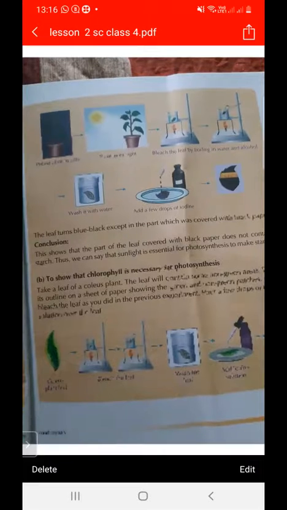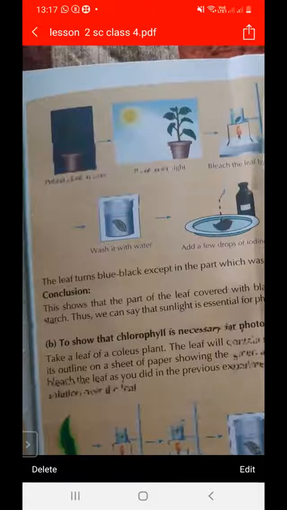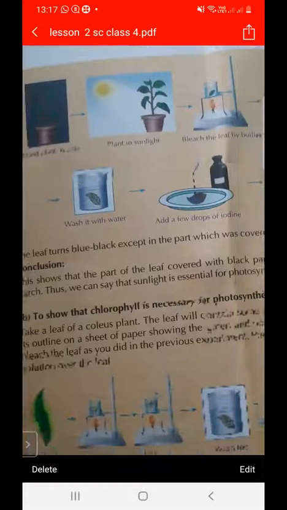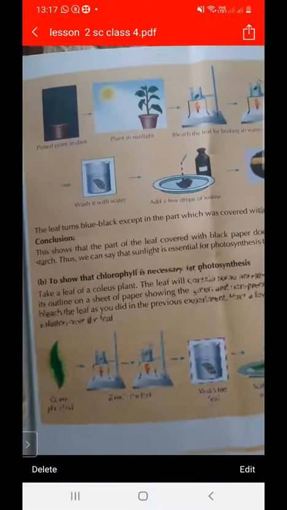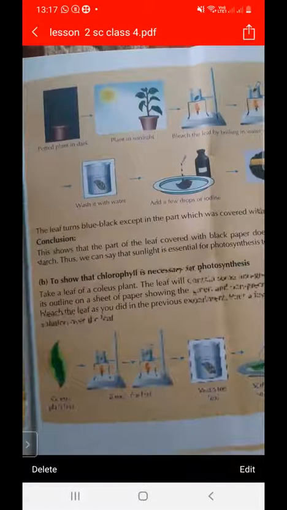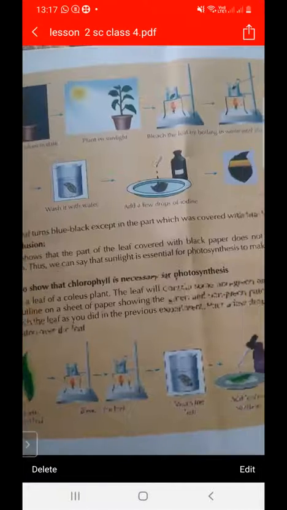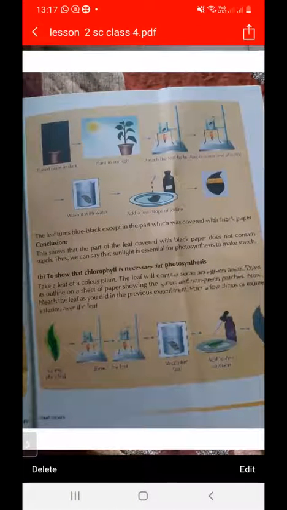The leaf turns blue-black except in the part which is covered with black paper. As we have shown in the first part, we covered some part of the leaf with black paper. The part covered with black paper does not turn blue-black.